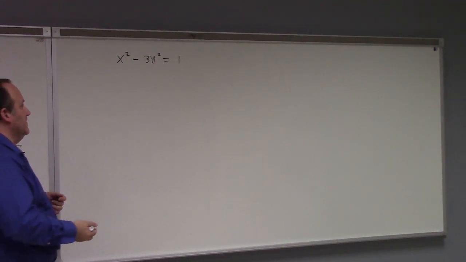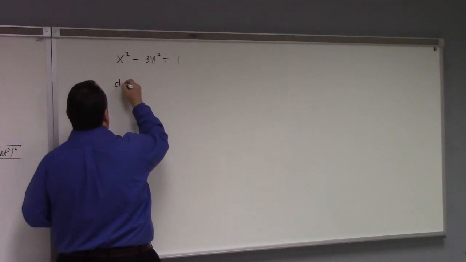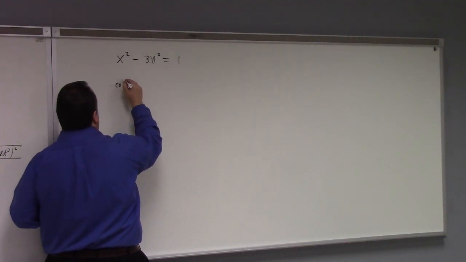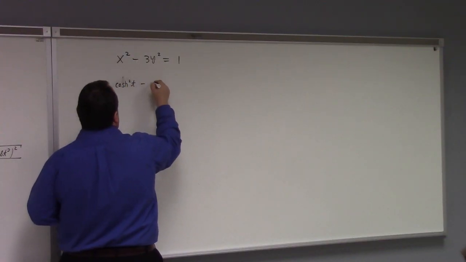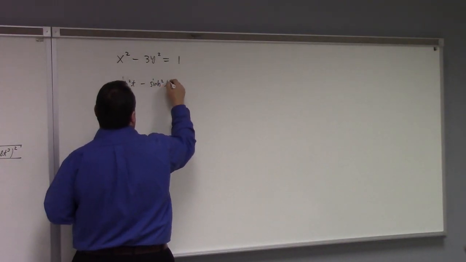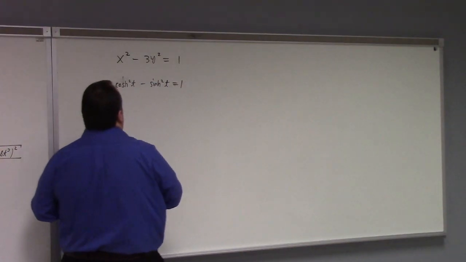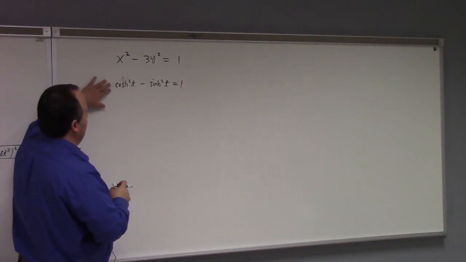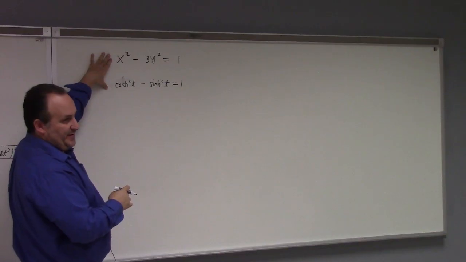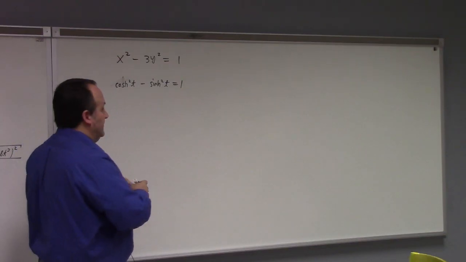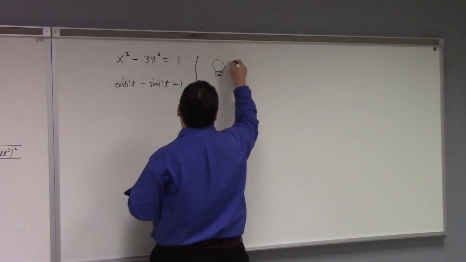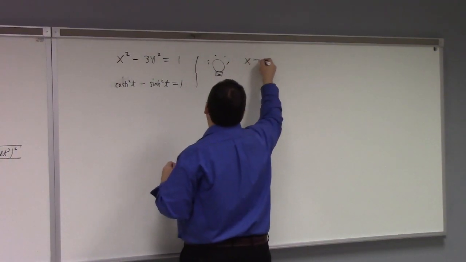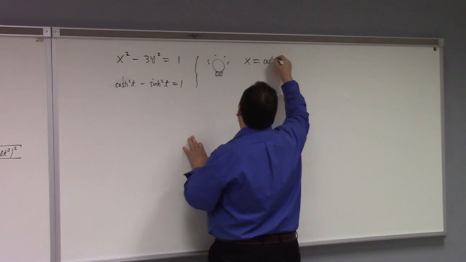What I do is I think about what I know about hyperbolic cosh and sinh. I think, oh, well, I know cosh squared minus sinh squared is equal to 1. Once I have this in mind as what I want to happen with my parametric formulas, that suggests to me, after a moment's thinking, that I should put x equals cosh t.